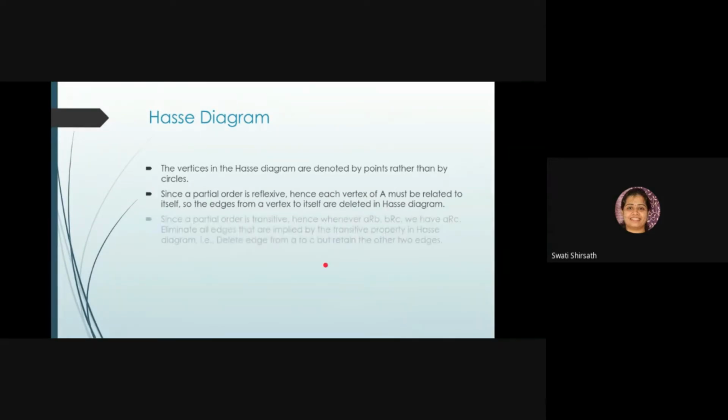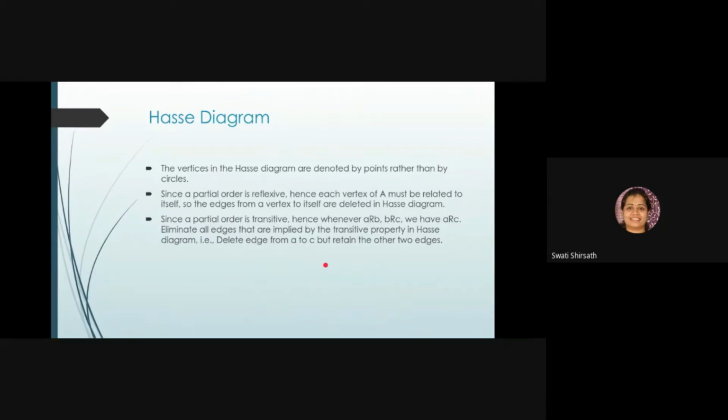Similarly for transitivity, 1 to 2 is there, 2 to 3 is there. So do not show any edge from 1 to 3. If you're drawing a 1 to 2 edge and a 2 to 3 edge, it means 1 to 3 is also there. We will be discussing it and then you'll come to know how transitivity is satisfied in that diagram. So explicitly we will not be representing reflexivity and transitivity.